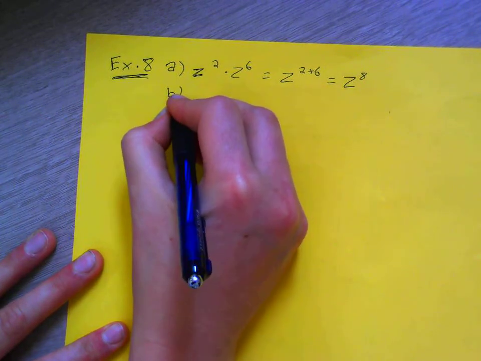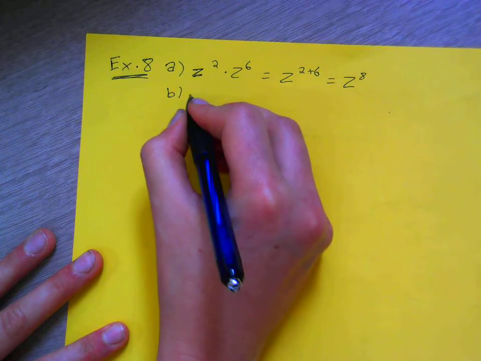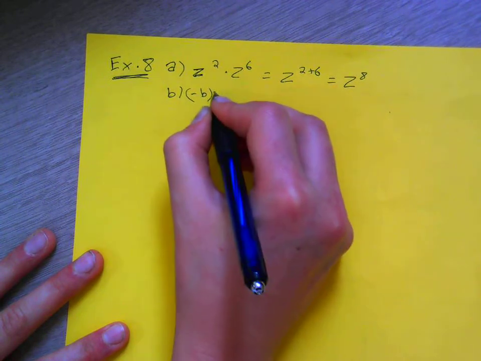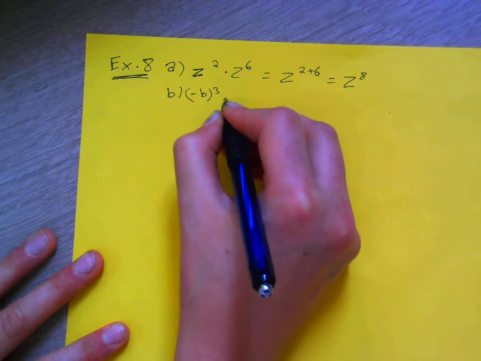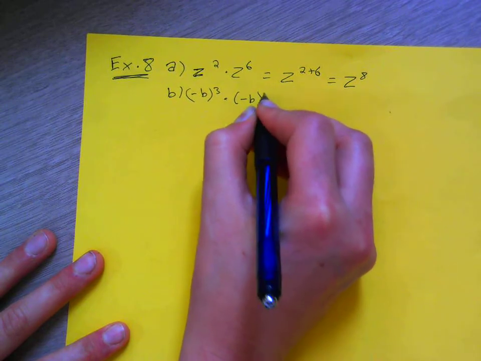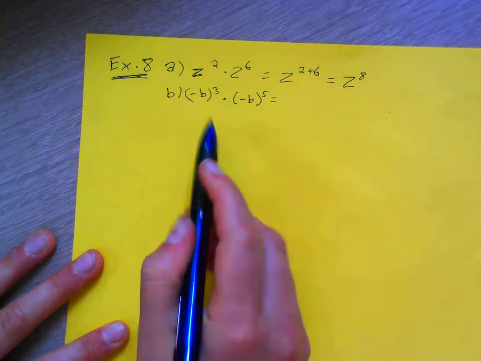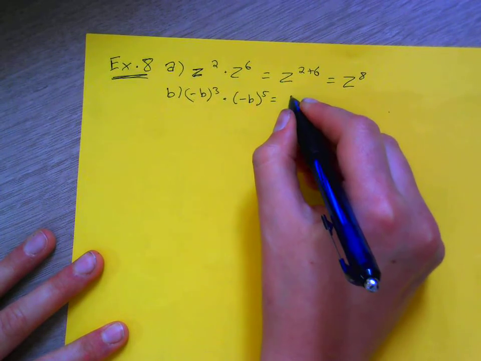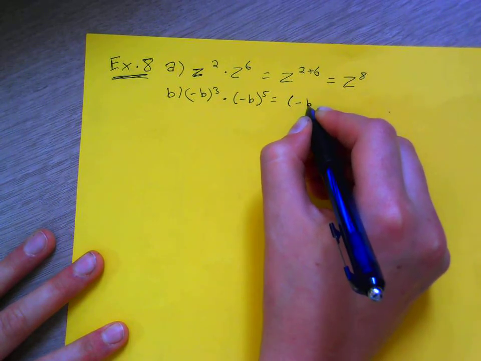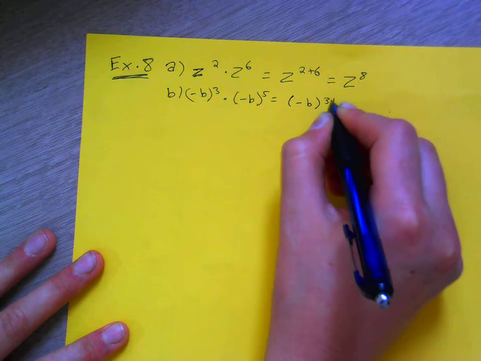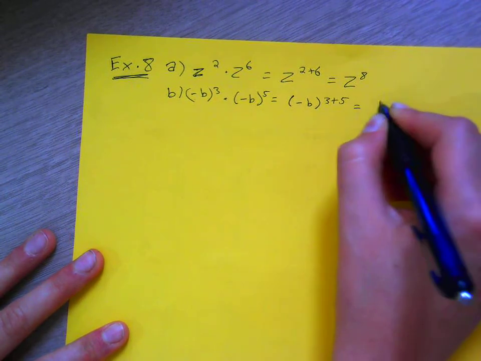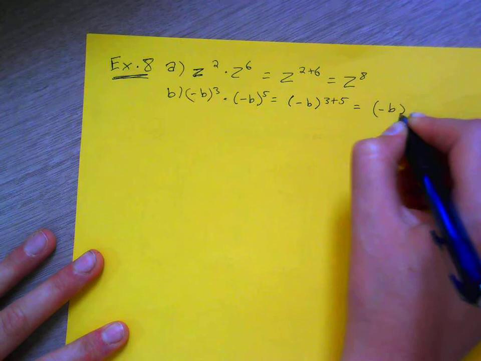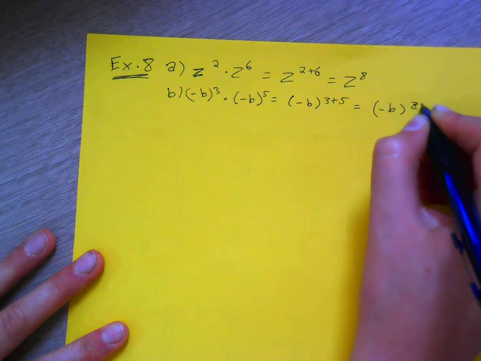Let's try B. We have negative b cubed times negative b to the 5th power. Notice that the negative remains inside the parentheses always. Negative b to the 3 plus 5 equals negative b to the power of 8.